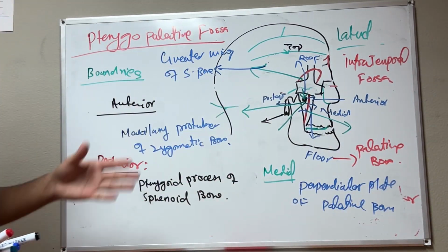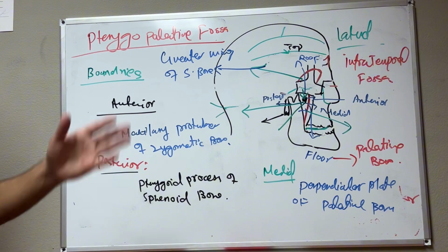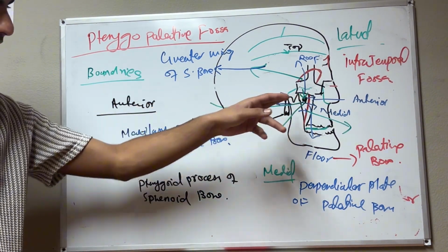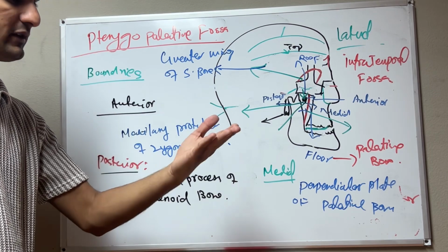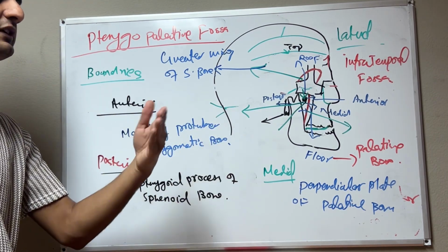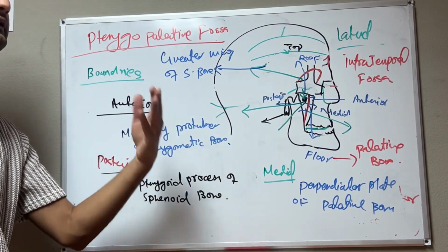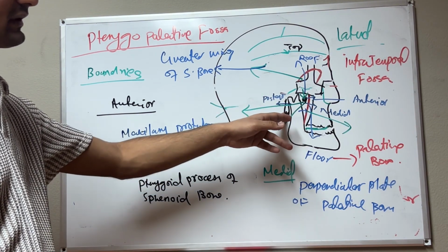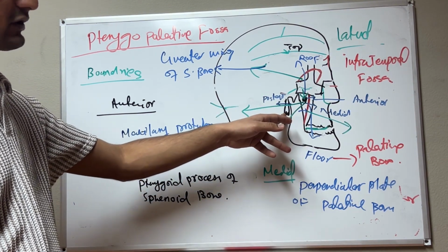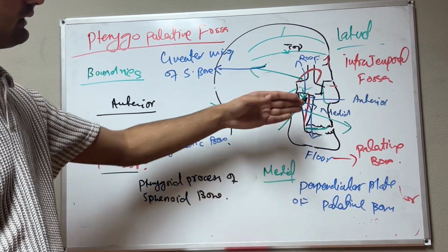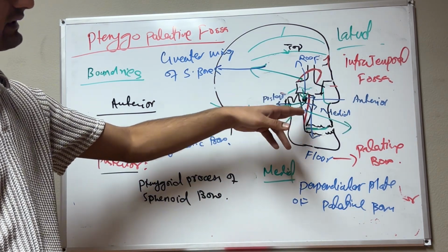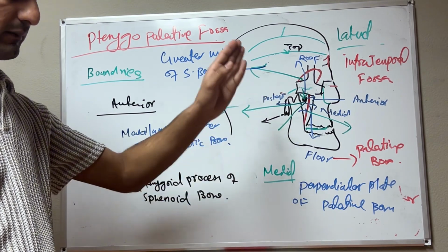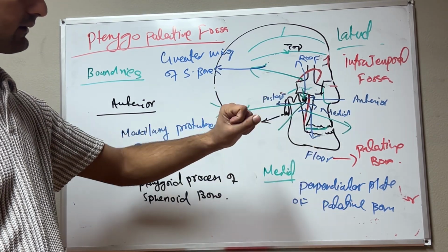Again we will discuss the walls or boundaries of the pterygopalatine fossa. Anterior we have the zygomatic bone, facing it by the maxillary protuberance side. Posterior is the pterygoid process of the sphenoid bone. Medially they face the perpendicular plate of the palatine bone.